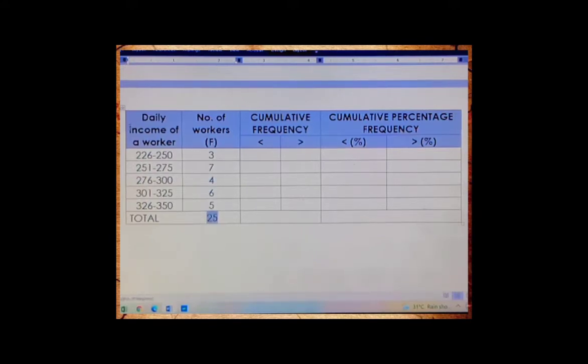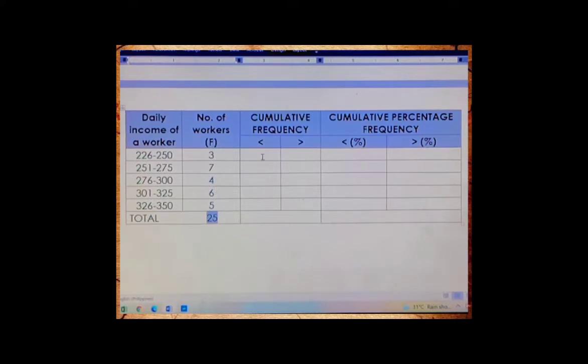The daily incomes of the workers are 226 to 250, 251 to 275, 276 to 300, 301 to 325, and 326 to 350.